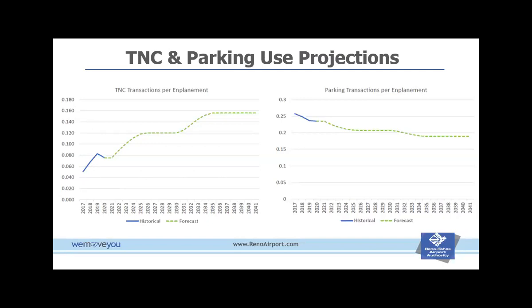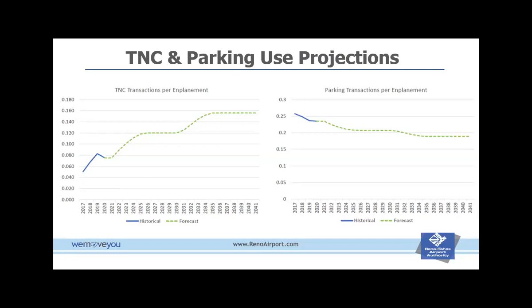So historically, for the 3 years that we have solid TNC data, we had a high of 8 TNC transactions per 100 enplanements. And that compared during the same time to 25 parking transactions per 100 enplanements. And so their preliminary forecast and projection right now shows that by 2041, 20 years, Intervistas expects our TNC transactions to nearly double, to get to 15 transactions per 100 enplanements.